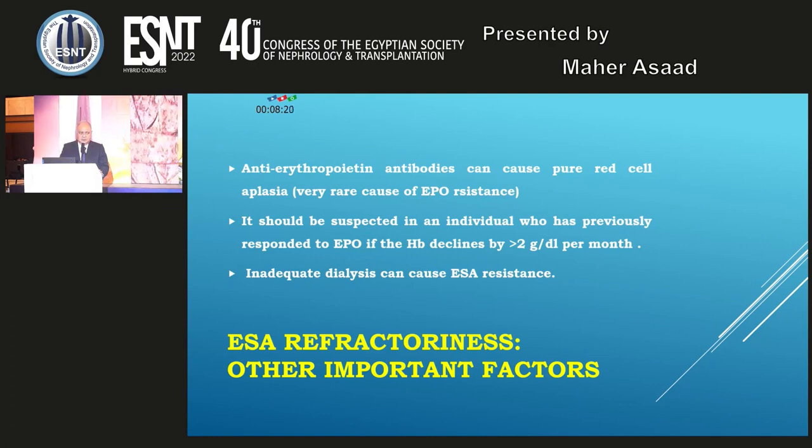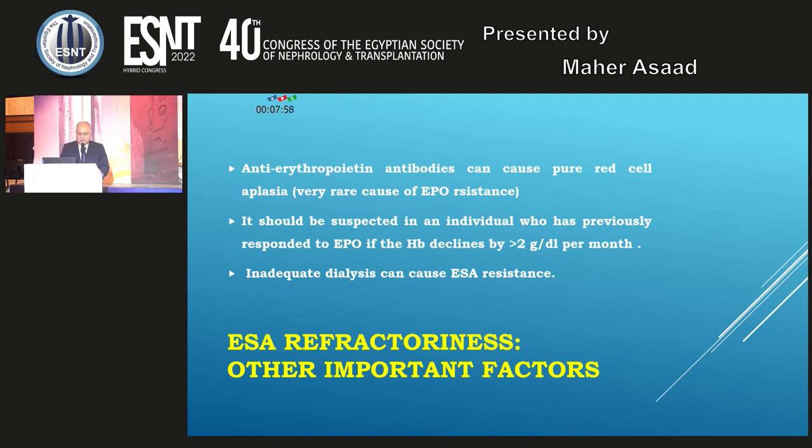If all this fails, we will definitely need repeated blood transfusions. It should be suspected in an individual who has previously responded to erythropoietin if the hemoglobin declines by more than 2 grams per deciliter per month.